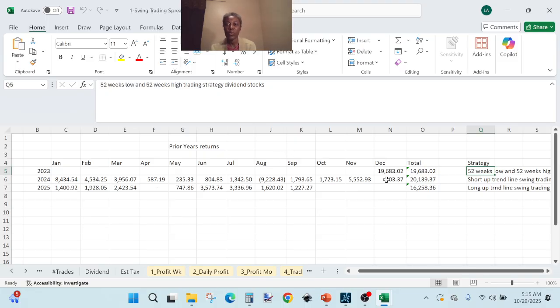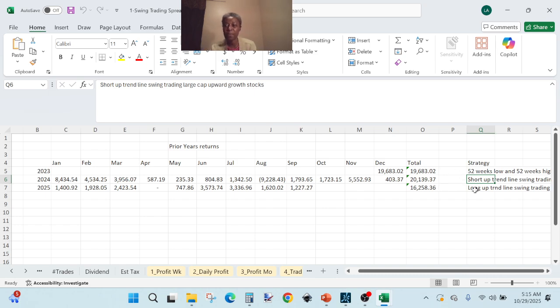Up to 2023 I used that strategy, and in 2024 is when I started swing trading, and I used the short version of swing trading, like I swing traded on a short upturn line.